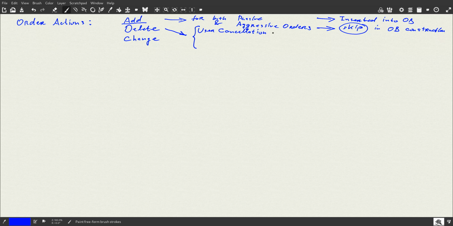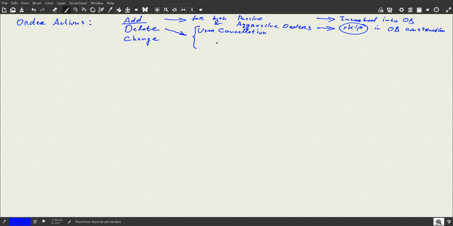For an aggressive order, it is really far too late, because the sequence of actions related to each particular order is really a sequence. When the order is added, it is not possible to send the delete after add in such a way that it will somehow overtake add and result in cancellation.